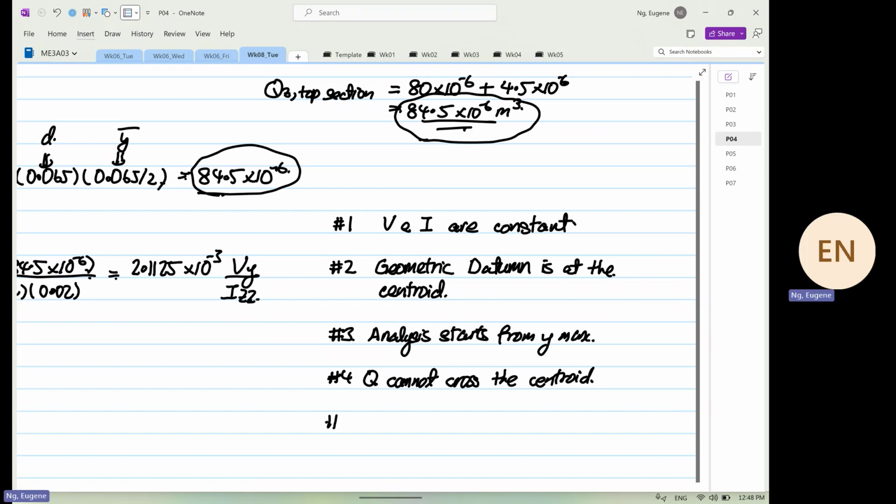Rule number five. Shear flow can flow in one direction only. These are the 5 rules that you have to comply with, and we cannot break them. Are we clear? Okay, we break any of this, good luck.